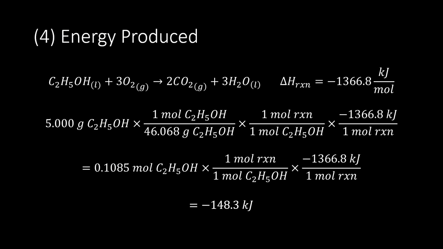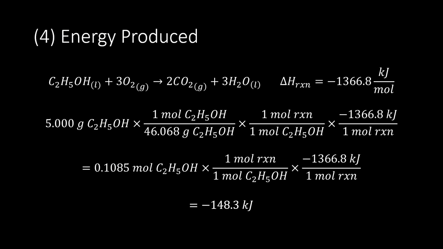For this, we just care about how many moles of ethanol are consumed for every 1 mole of reaction. Well, according to our balanced chemical equation, only 1 mole of C2H5OH will be used per 1 mole of reaction that occurs. So that's why we have our fraction of 1 mole of reaction over 1 mole of ethanol.